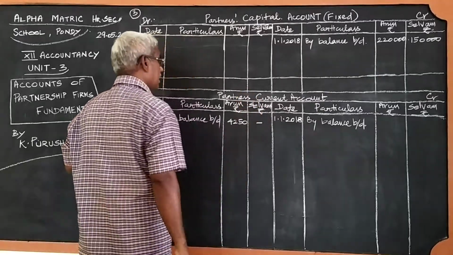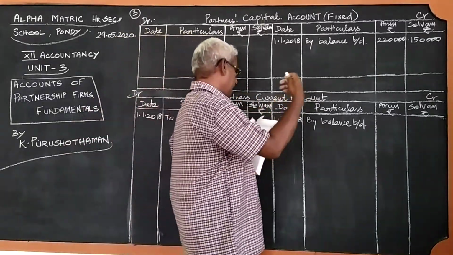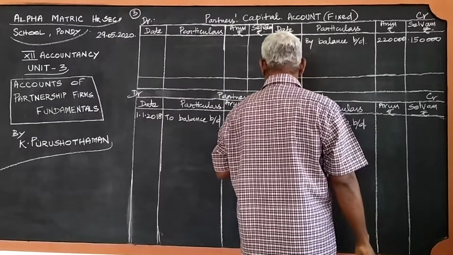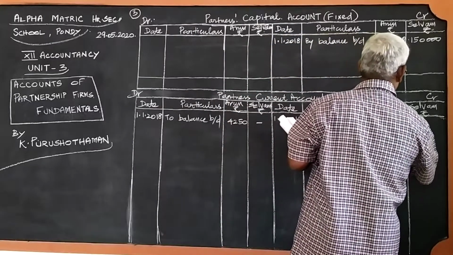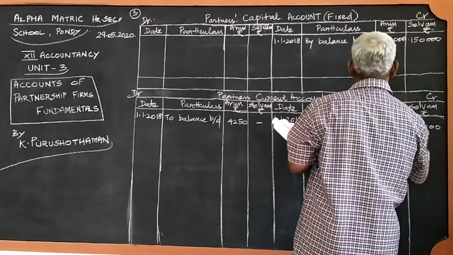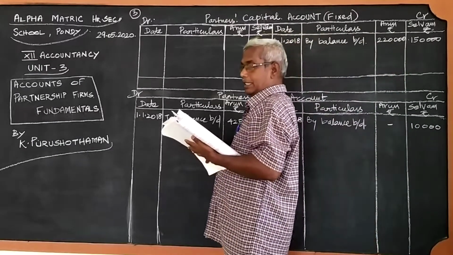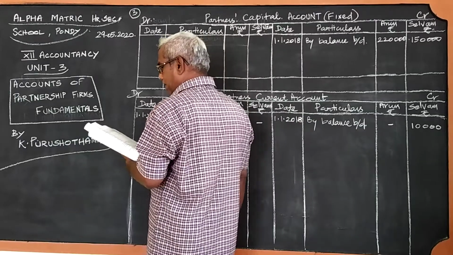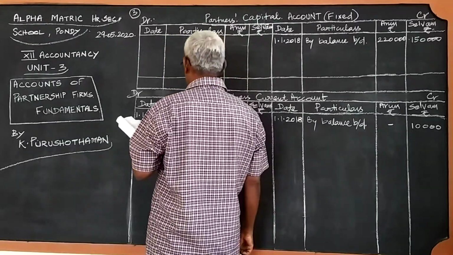For Selvam there is no debit balance, but it is a credit balance of 10,000.